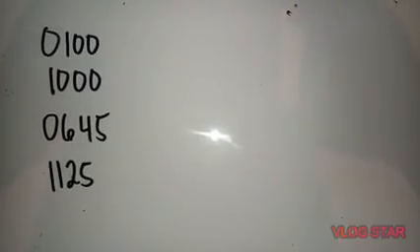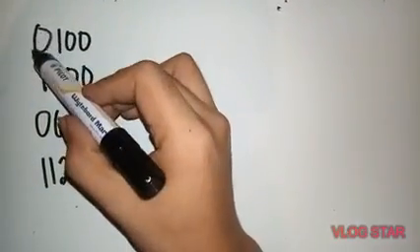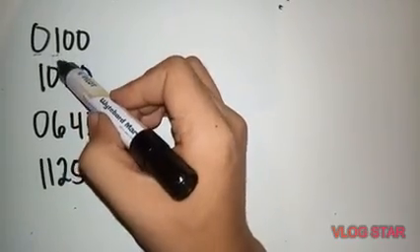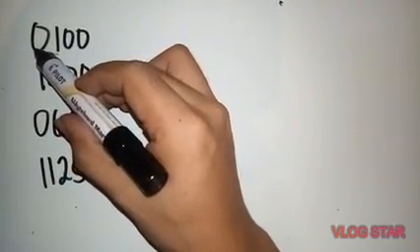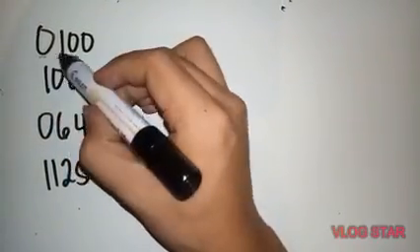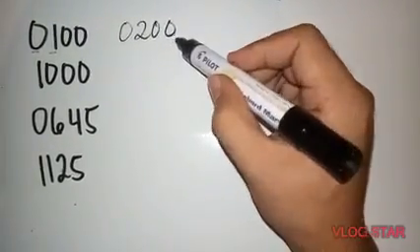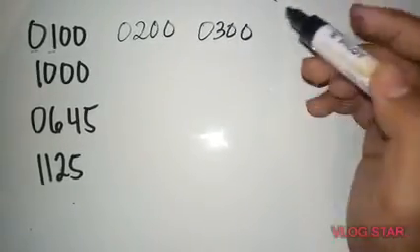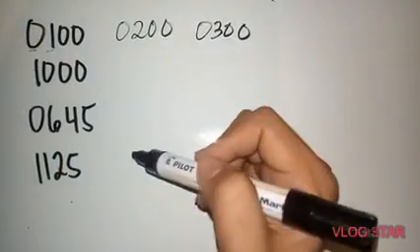So I will teach you how to read military time. In this case, we read it individually if it is a single digit. So how do we read this first? 0100, we read as zero one hundred, 0200, 0300. And in this case, we have 10.